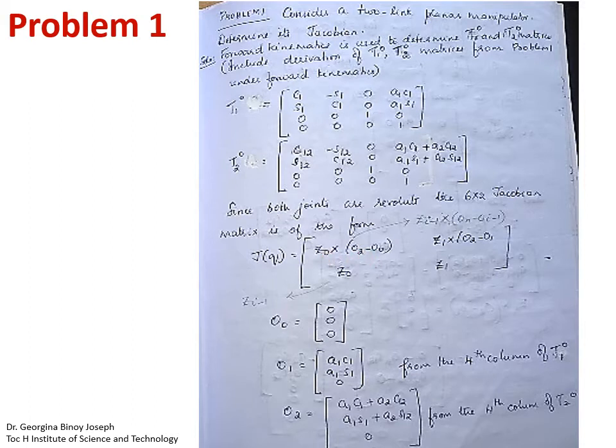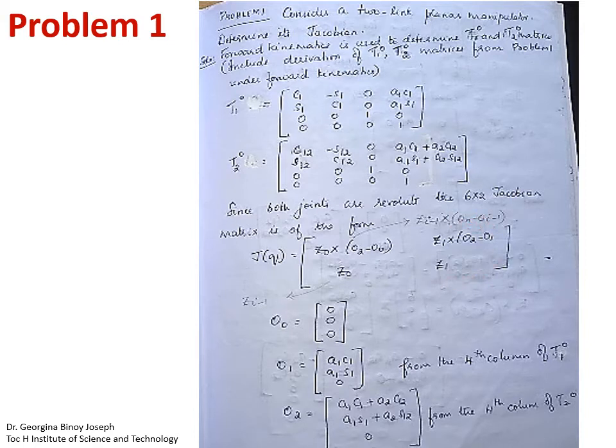We have frames 0 and 1, and the next one is the end of the link, the point where the wrist should be attached. That will be O2. So J1 is Z0 cross O2 minus O0, and J2 will be Z1 cross O2 minus O1, with Z1 below. Here i is equal to 1, that is J1, and i is equal to 2, that is J2.